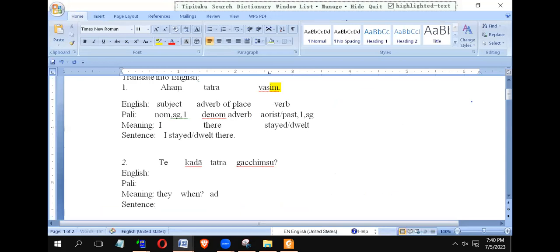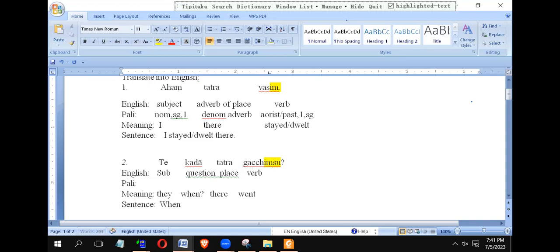So tatra is an adverb of place. Or if it's too long, you just write the place, it's okay. Tatra is there, right? And this is agamisu, so it's a past tense here. Aorist. So when. So English subject. This is a question, just put question. So it is a place here. So it's a verb here.